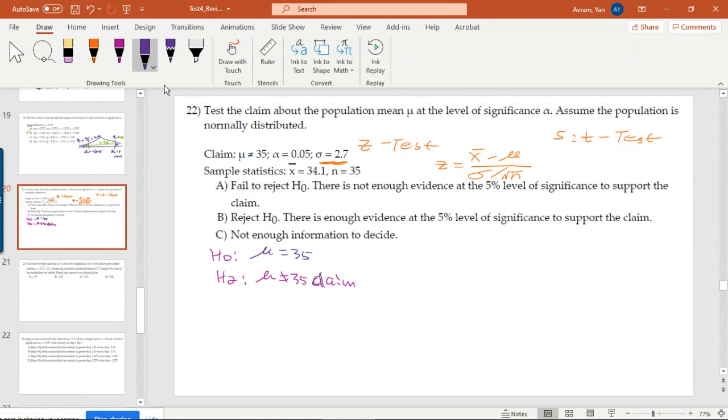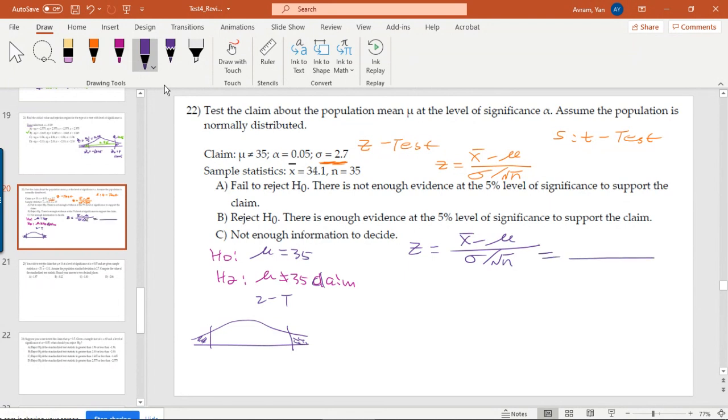Okay, so that is this one right here. So we also know this will be a two-tail test because this is not equal to. So we're gonna have two-tail. So two-tail, it will be one on the left, one on the right in here. Okay, and we can go ahead and find a p-value. So z here is x bar minus mu over sigma divided by square root of n.